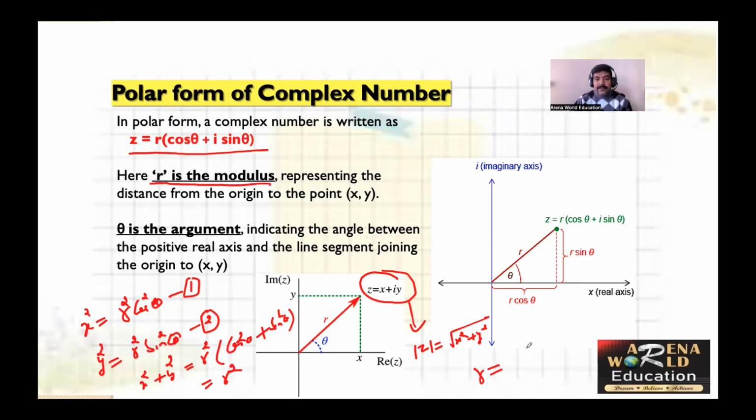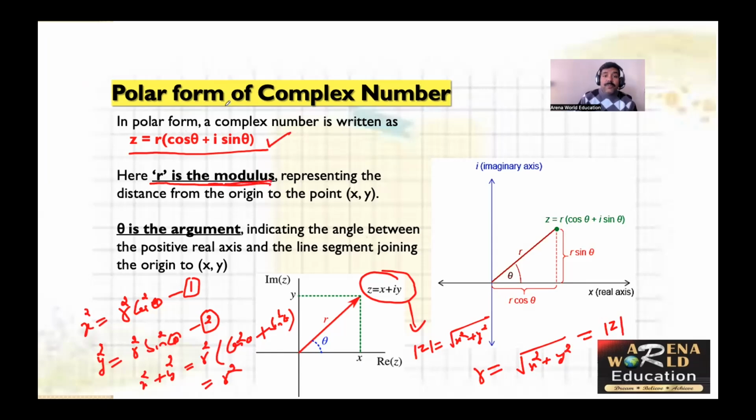r can be written as, how to find the value of r? Yes, r is equal to under root x square plus y square. And what is the value of under root x square plus y square? It is mod z. It means r is the modulus.